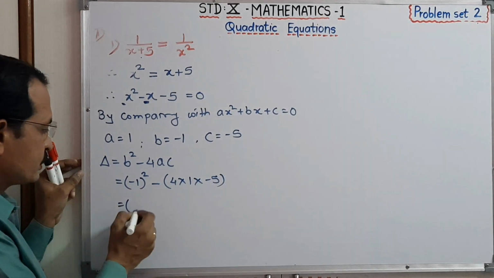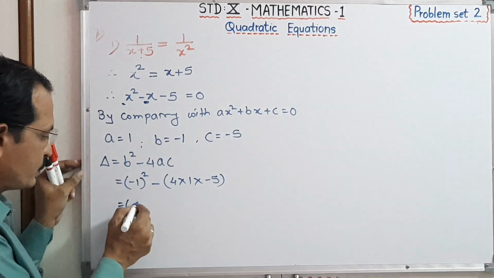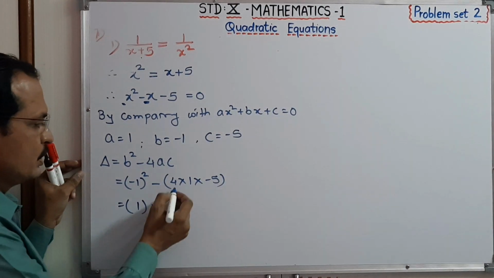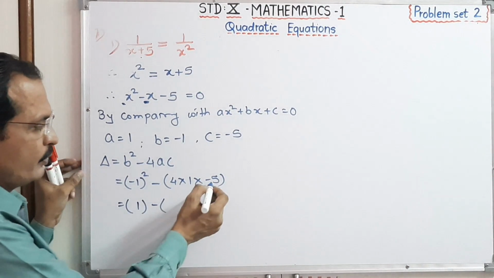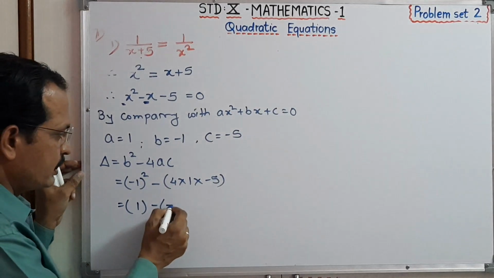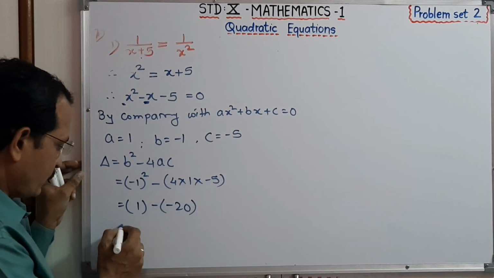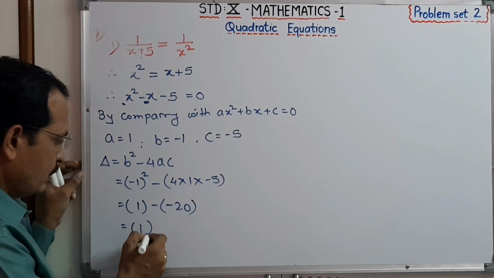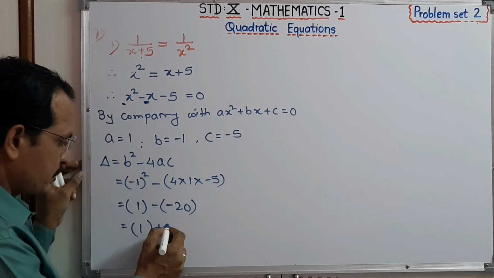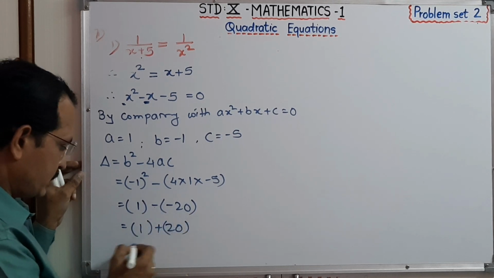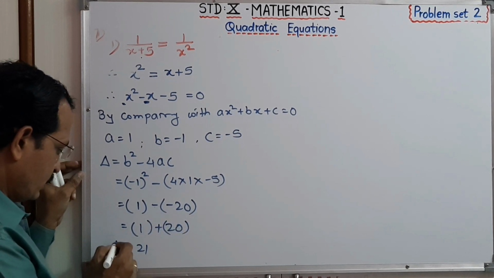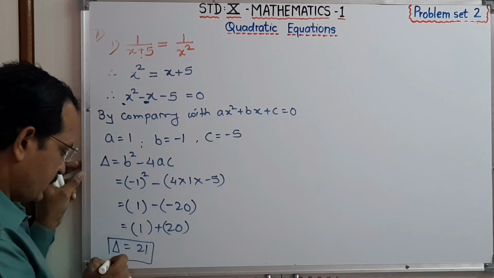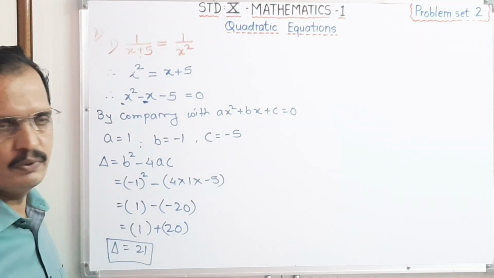Now here it is square of minus 1, it is 1, minus 4 ones are 4, and 4 into minus 5, it is minus 20. Now here it is 1, this minus minus plus, 1 plus 20, it is 21. We get here delta is equal to 21.